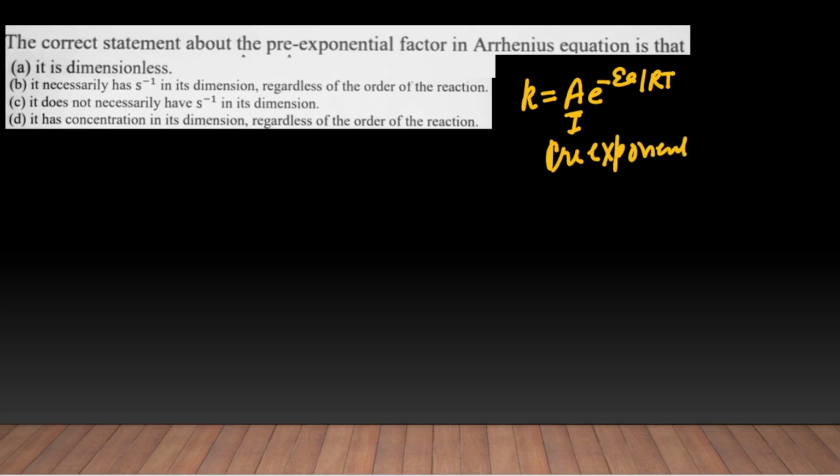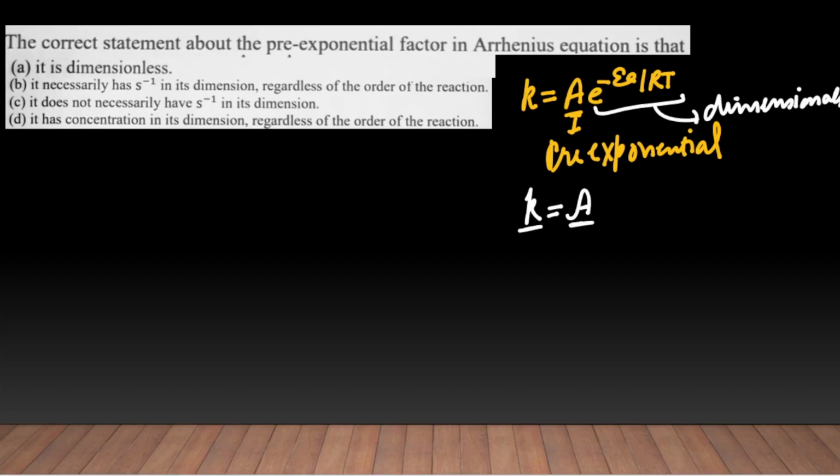The first statement says that it is a dimensionless quantity. Is it correct or not? The exponential power that I am having is unitless, or dimensionless. But this K value that you are having is equal to A. That means A has the units of K only, right?